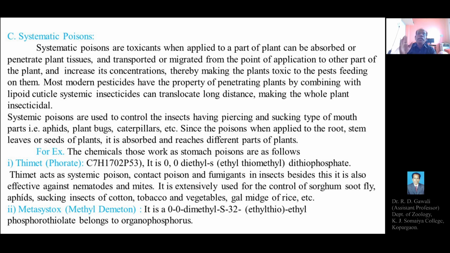So whenever the systematic poisons are applied to the crops or on the plants, they become phytotoxic.